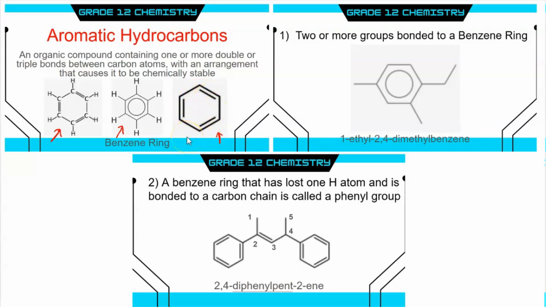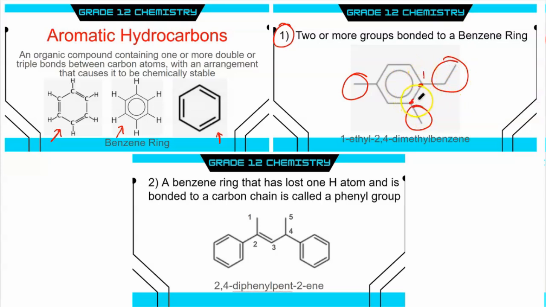Now, there are 2 ways that we can name a benzene ring. Number 1, we can start with the ring and have groups attached to it. In that case, here we have 2 methyl groups and 1 ethyl group. Ethyl is going to take priority, so we start numbering here.